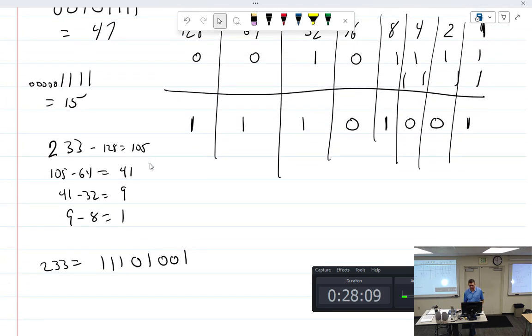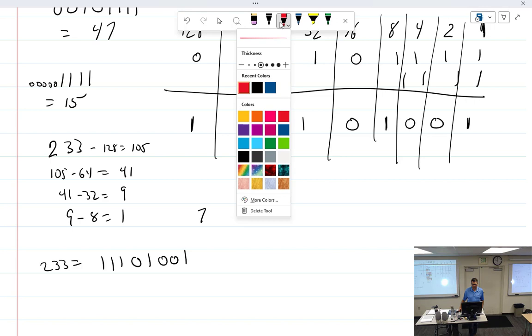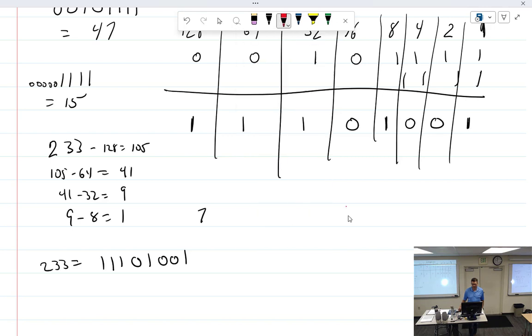What about the number 7? 111. 4, 2, 1 or 00000111. Yeah, except I'm crashing my program here. Very angry with me.